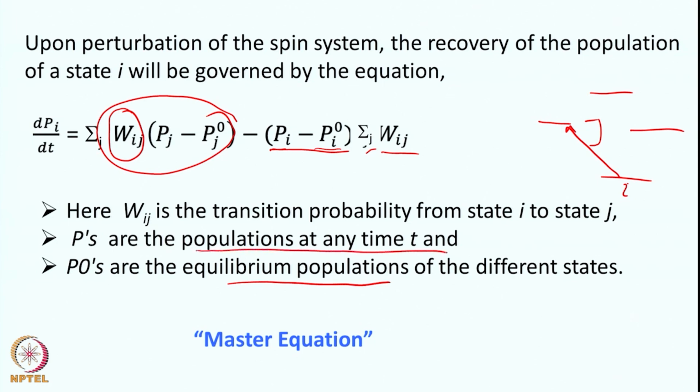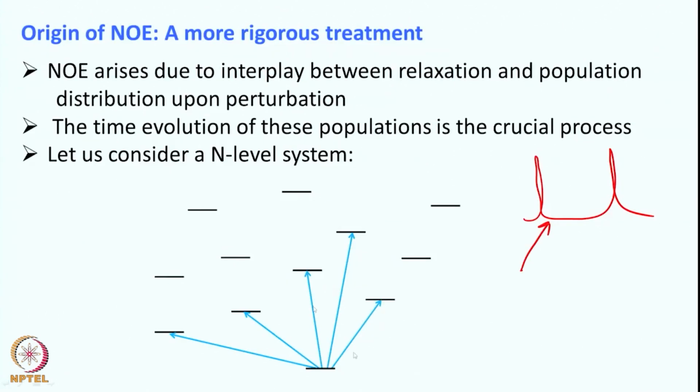If you calculate this equation, we can find the rate of change of population with time, and this is called the master equation. On the basis of this, we can find the change in the population of any state, as shown in the generalized equation, between any two states, like this state and this state, or this state and this state.